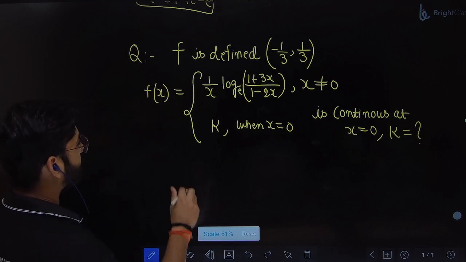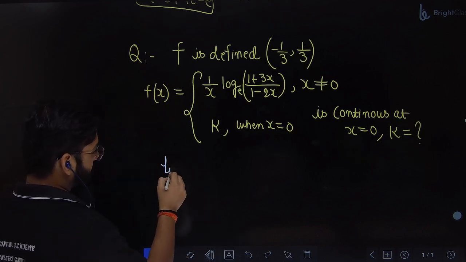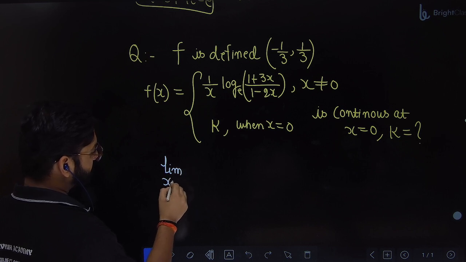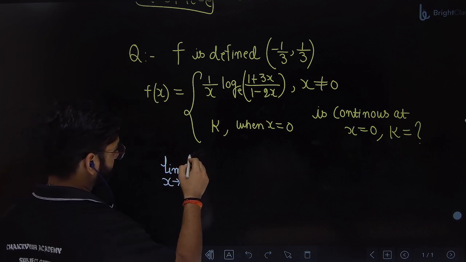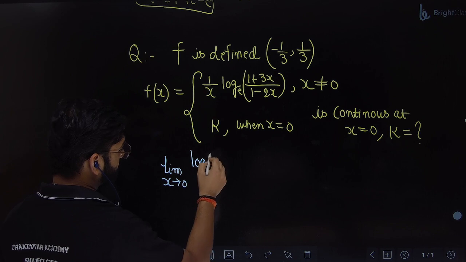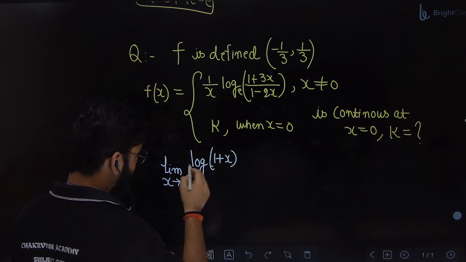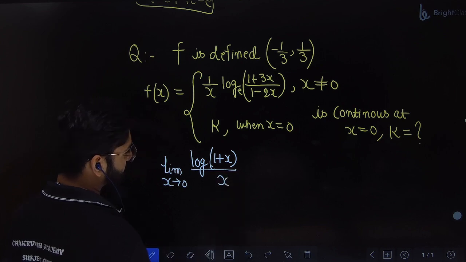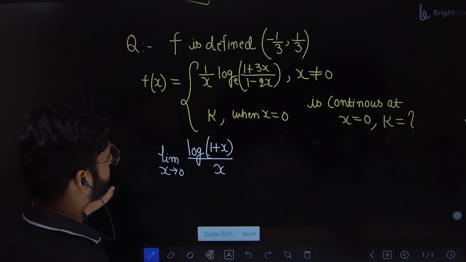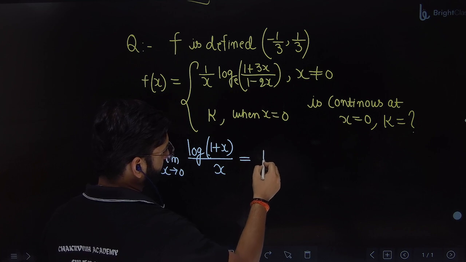So all of you see the standard limit. Limit x tending to 0 of log(1 plus x) by x is equal to 1.